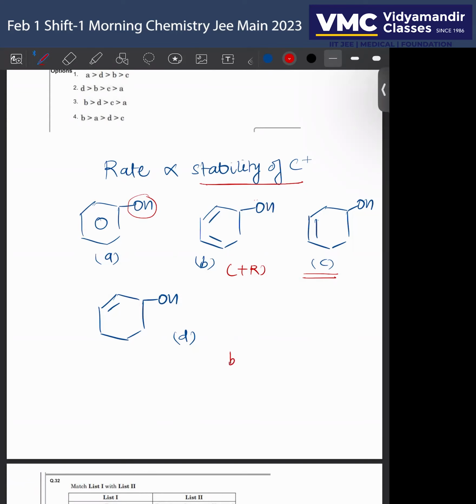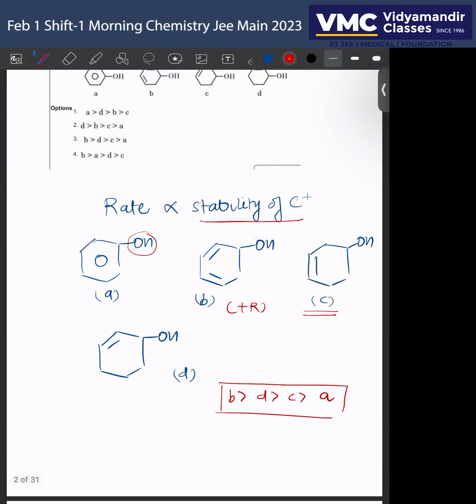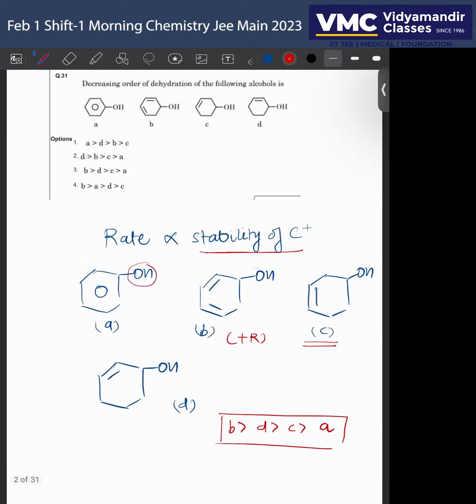Therefore, B is most stable because of resonance. Then comes D, then comes C, and then comes A, because A is a highly unstable carbocation at benzene. So it is the correct option. So option number 3 will be correct, right? B, D, C, and A.